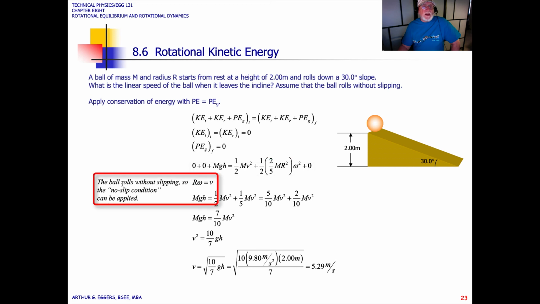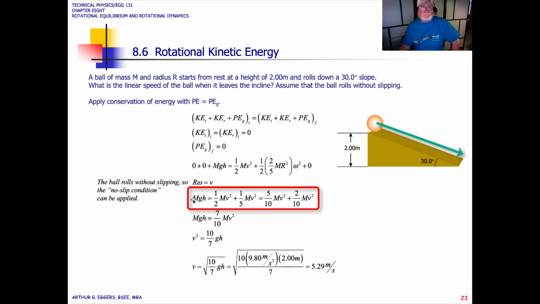So if we say then the ball rolls without slipping, then R omega is equal to velocity. The no slip condition then is applied. So since we are looking to solve for the speed here, let's start moving terms around, okay?